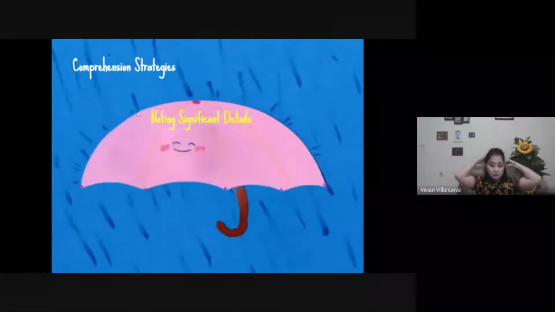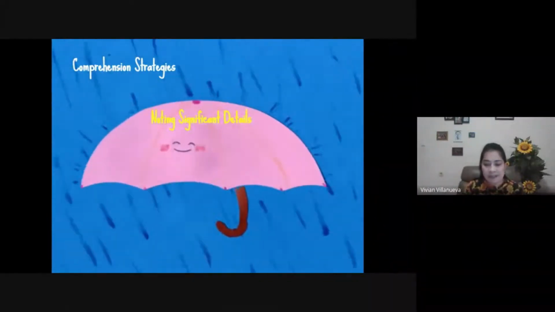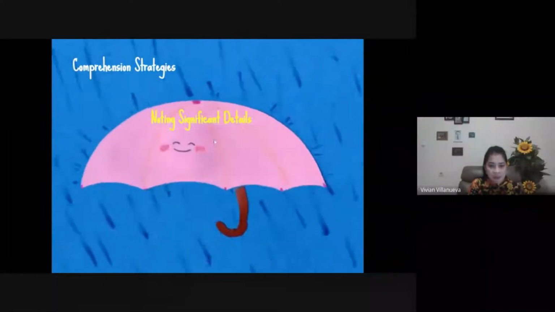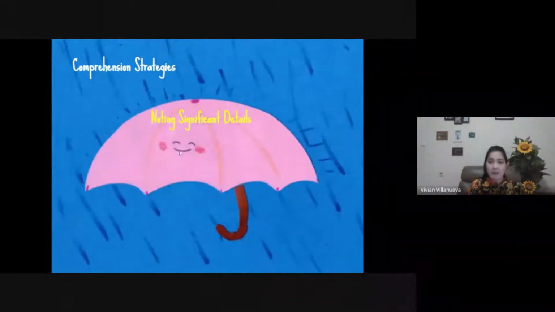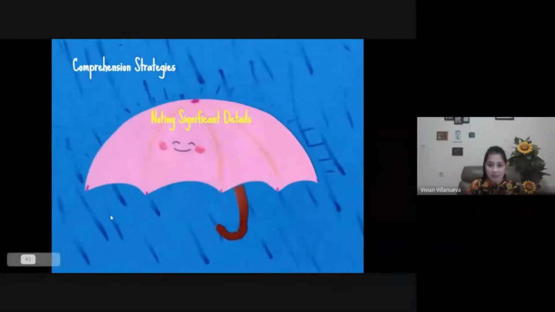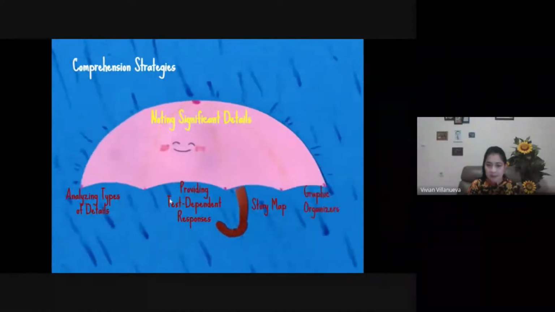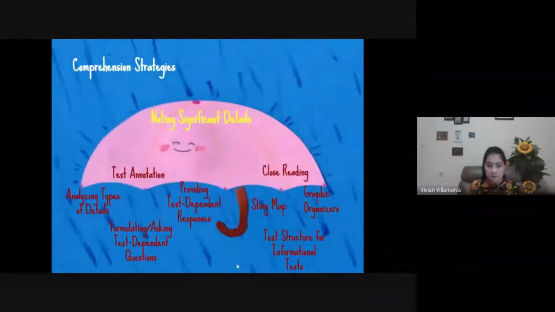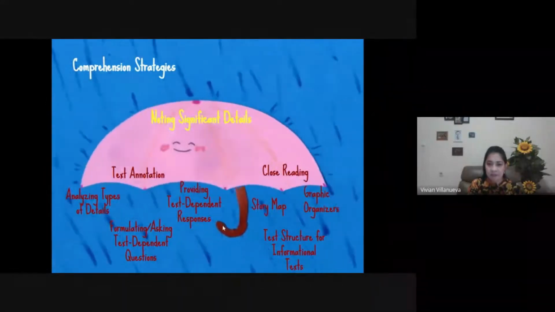Okay, just to simplify everything, just like what I told Miss Jo, the challenge for me is to simplify this. I want to simplify this and show this in this diagram. Noting significant details is a reading comprehension strategy. And all of these, the ones that I told you a while ago, are all under the umbrella of noting significant details. Text annotation is under significant details.